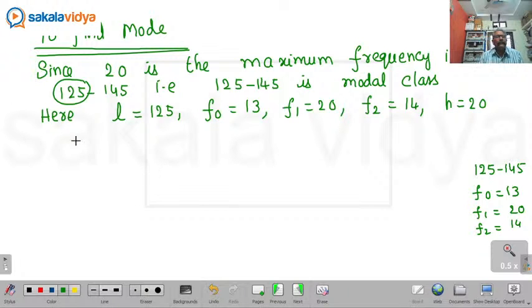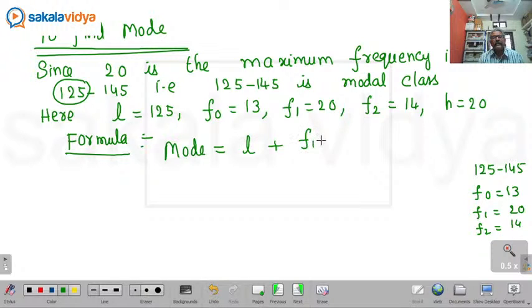Now the formula. What is the formula to find out the mode? So mode is given by the formula L plus F1 minus F0 upon 2F1 minus F0 minus F2 multiplied by h.